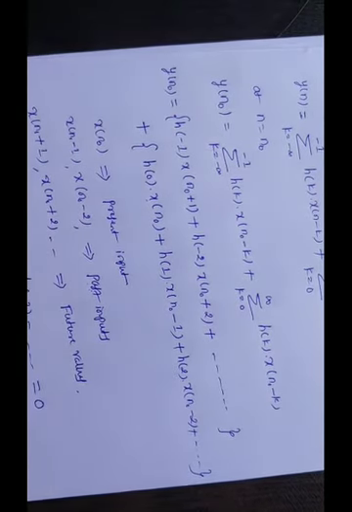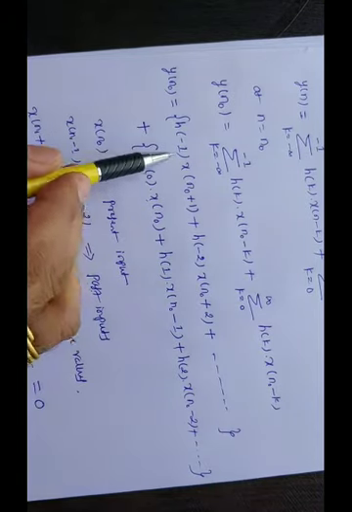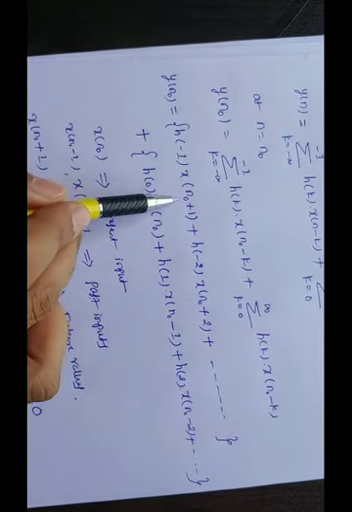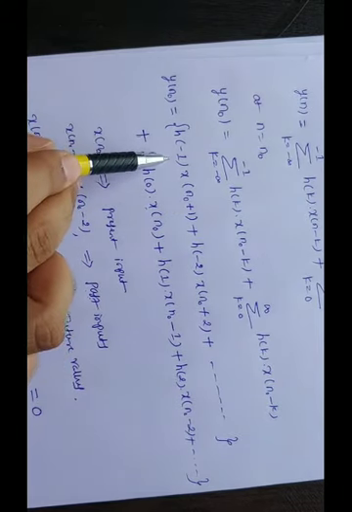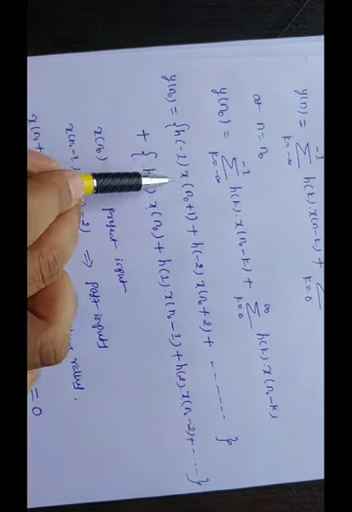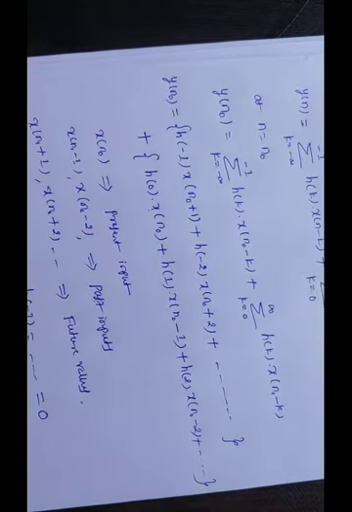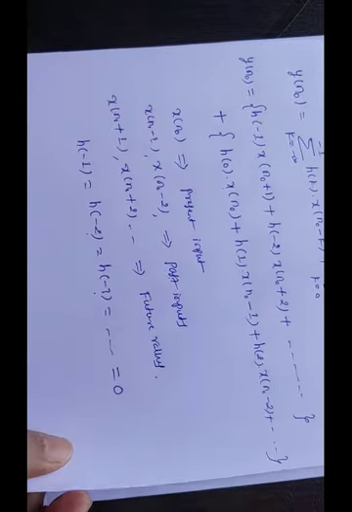So this has to be 0. Then only this product will become 0, because x of n naught plus 1 is multiplied with something, and you should get the 0 value, meaning this value must be 0. h of minus 1, h of minus 2, h of minus 3, and so on, are equal to 0.